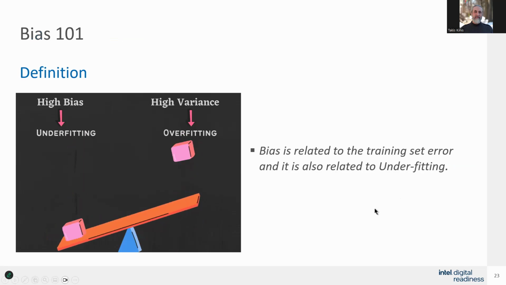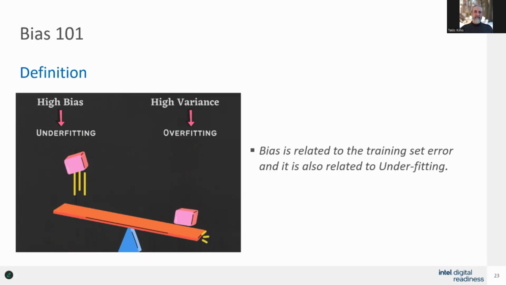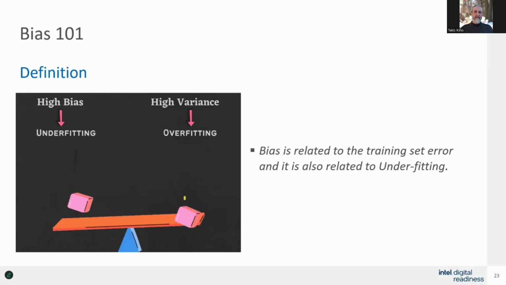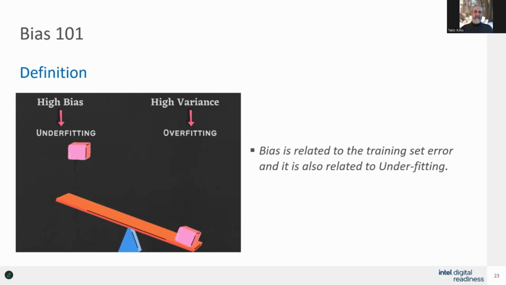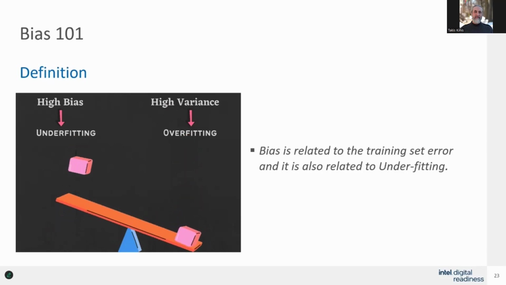Now let's take a look at overfitting and underfitting. If you have high bias, so your data is really tight, you're underfitting. And if you have too much variance, it's too loose, basically, then we're overfitting. It says here, bias is related to the training set error, and it's also related to underfitting, most typically.